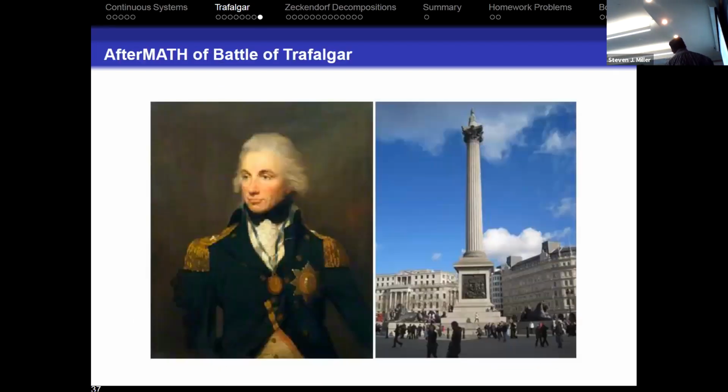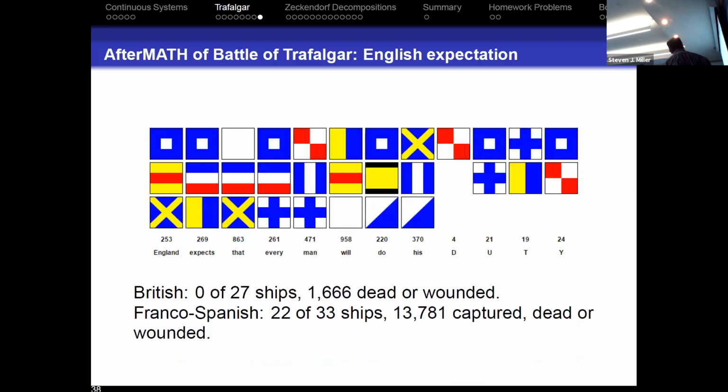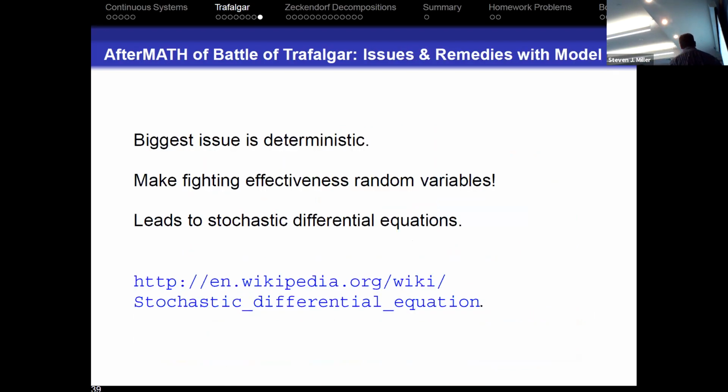All right, so monuments to Nelson. As I said, 0 of 27 ships lost to 22 of 33 for the French and Spanish. All right, now, the problem with this is not a really good topic for probability. This is completely deterministic.